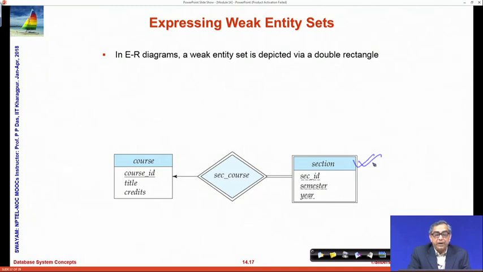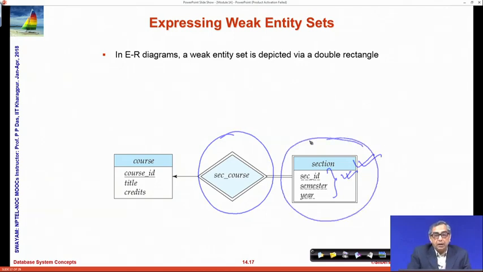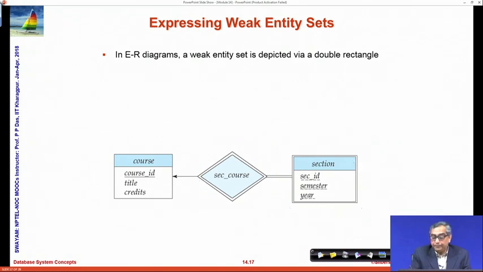So, a section cannot be uniquely identified by these three attributes. It needs a relationship with the identifying entity set course, to be specific the course ID, so that the entities herein can be uniquely specified. So, we designate that by putting a double rectangle around the weak entity set section.